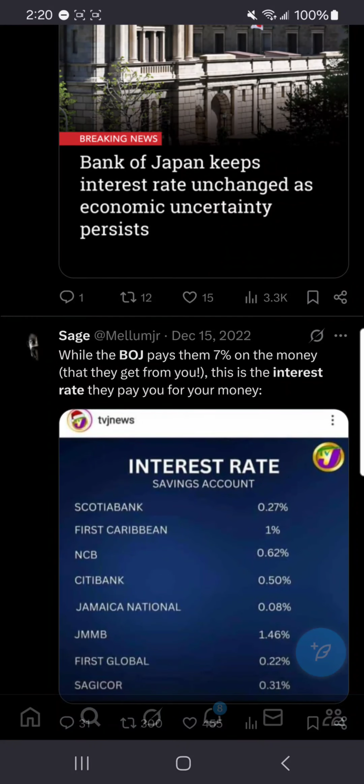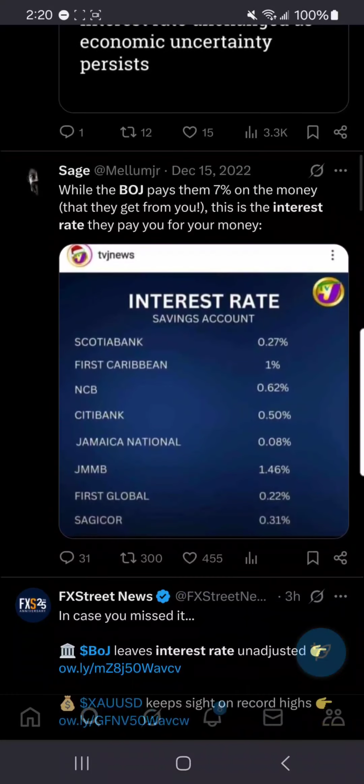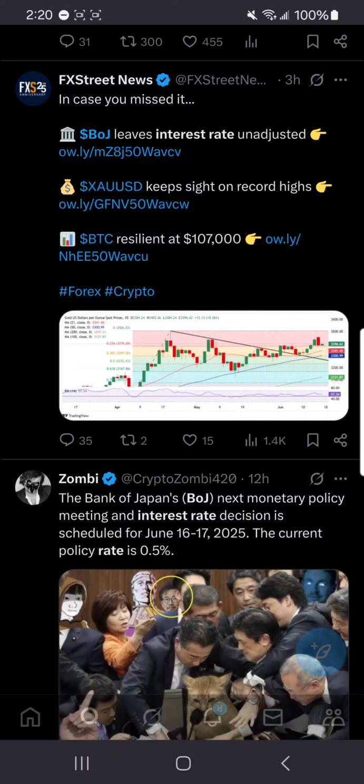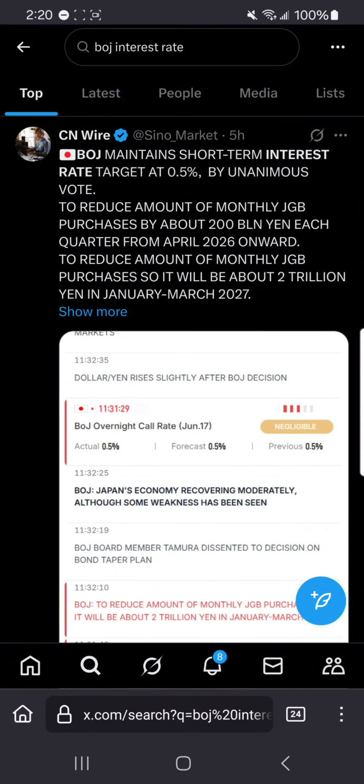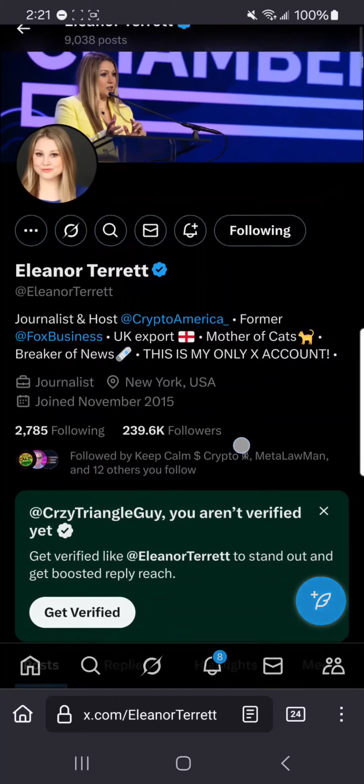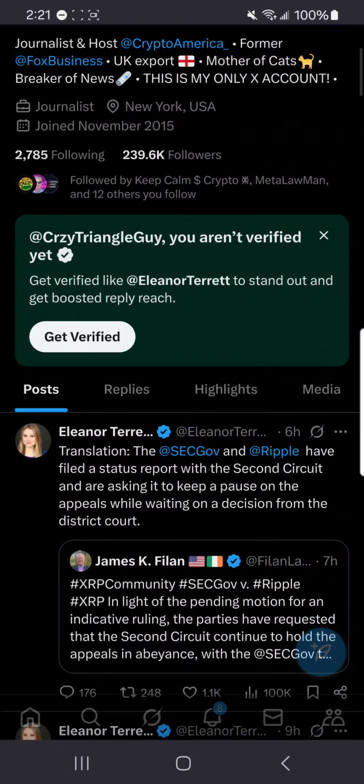I don't know. I guess if they don't change it, I guess that's good. I don't know. So, there you have it. It's unchanged. But while we're here on X, let's look at what Eleanor has to say.